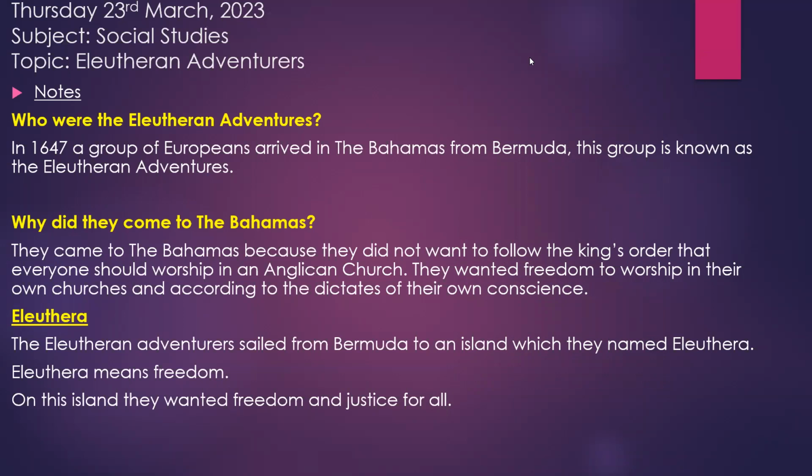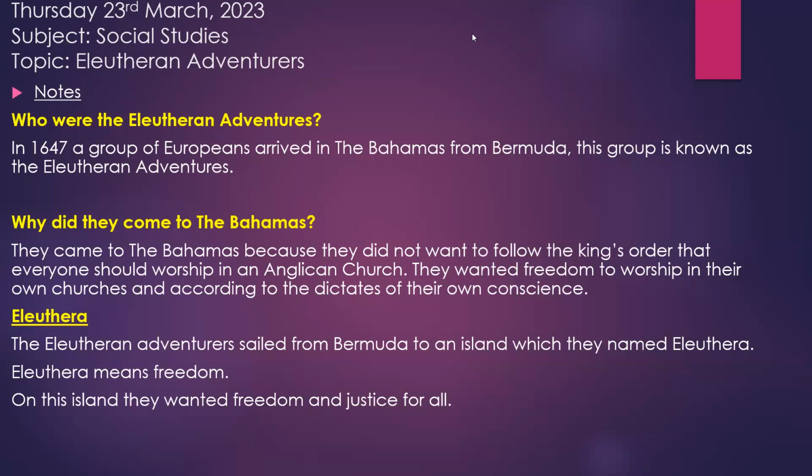Caleb, why did the Eleutheran Adventurers come to the Bahamas? They came to the Bahamas because they didn't want to follow the king's order that everyone should worship in an Anglican church. They wanted freedom to worship in their own churches, according to the dictates of their own conscience.